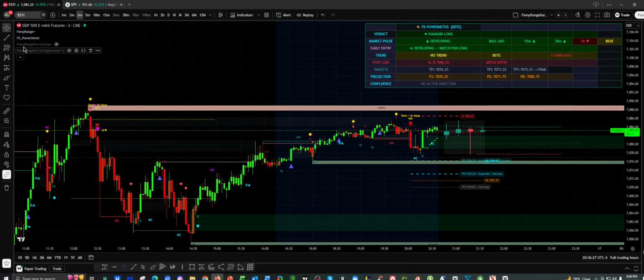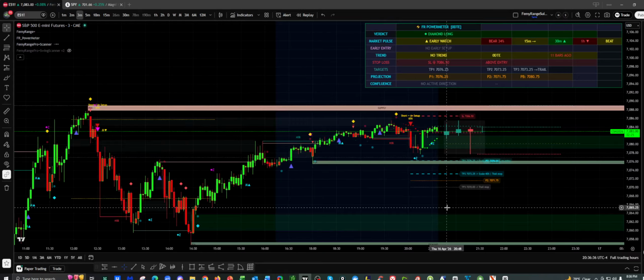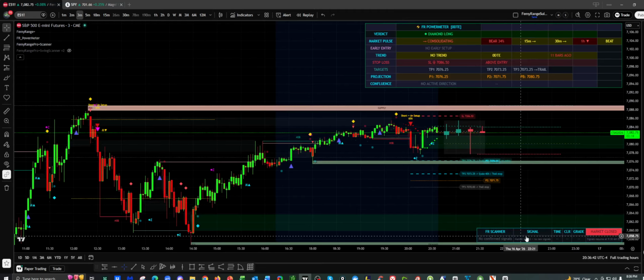Now, the next thing you're going to see is the FemyRange Pro scanner. The Pro scanner is real time. It looks for A plus setup and A setup. And with this tool, this is the result of it. It just sits at the bottom here.